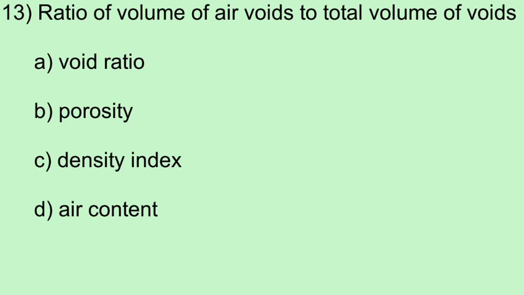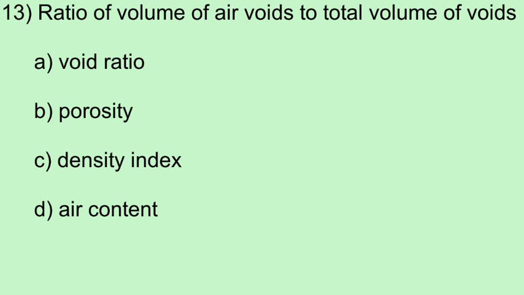Void ratio is volume of voids to volume of solids, and it is always greater than 0. What is porosity? Volume of voids to total volume. That is, porosity lies between 0 and 1, 0 less than n less than 1.